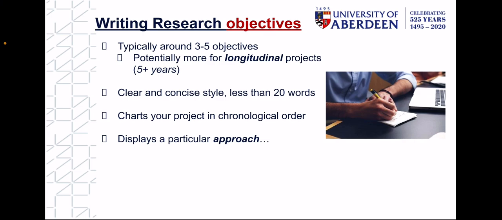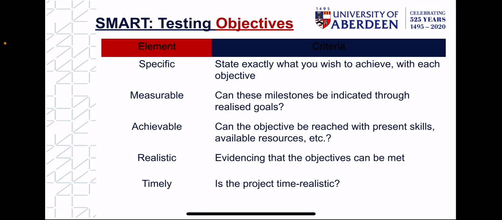Right? Remember, your objectives should be clear, in a concise style, less than 20 words, right? And it must display a particular approach. So I mentioned smart objectives, and I think this is quite important, right? My advice again is always keep your objectives very smart, right?